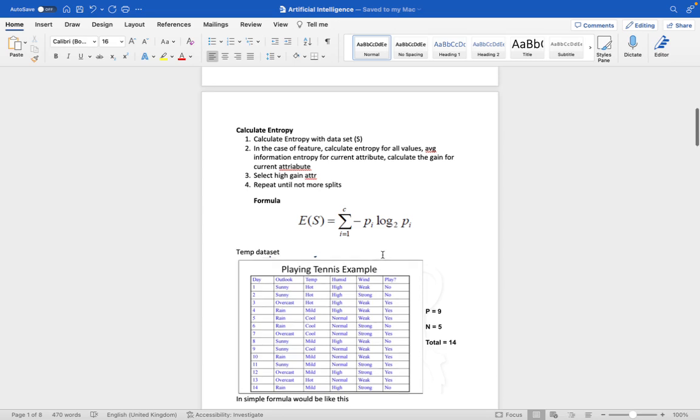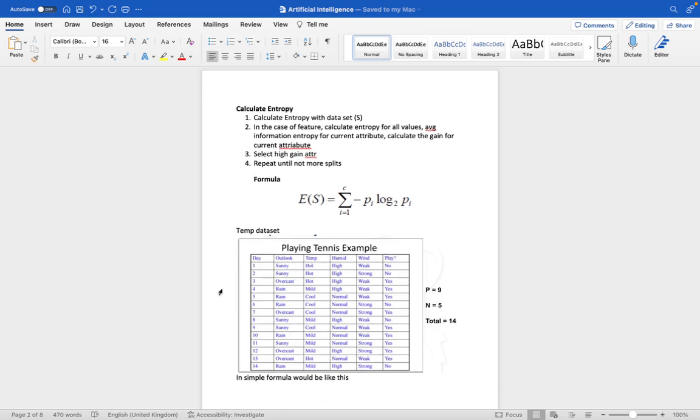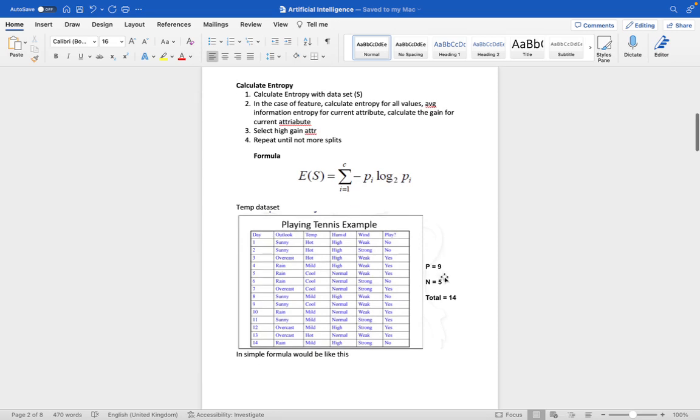At the moment this may be a bit unclear, so just consider a data set that has 14 rows. P means positive, which is the yes, and N means negative, which is the no. This is our target value.